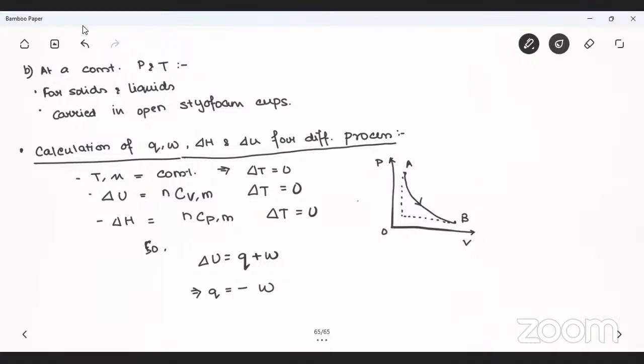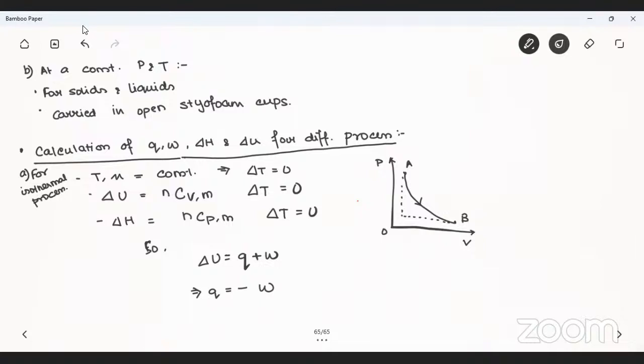Excuse me. So in this equation, we will be learning to calculate for the isothermal process. In the isothermal process, temperature T remains constant. Internal energy delta U is 0. Enthalpy delta H is also 0. It is for the isothermal process.